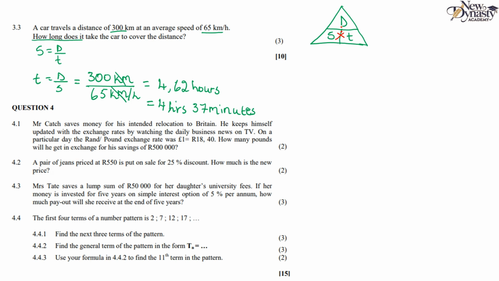Now we are given the rate that 1 pound equals 18 rands 40 cents. So how do you do that? I'll use this approach. I'll put what is given here. So that is 1 pound equals 18,40.